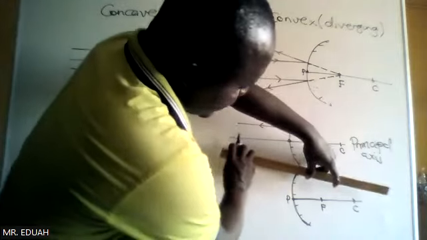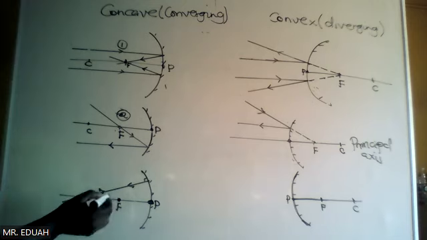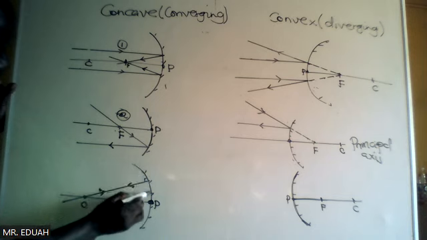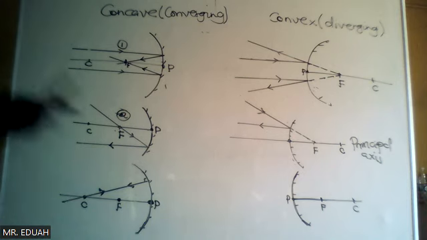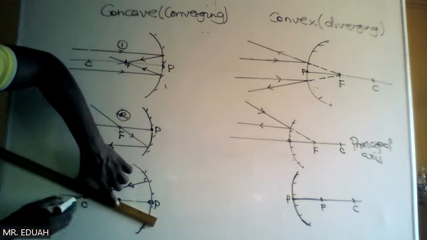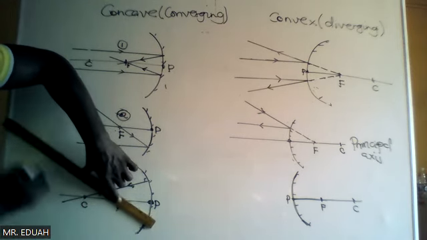Okay, so we have a ray of light coming in, hitting the mirror at an angle of 90 degrees. The ray can be coming from below or above. Let me add this one too. Maybe the ray is coming from up here.